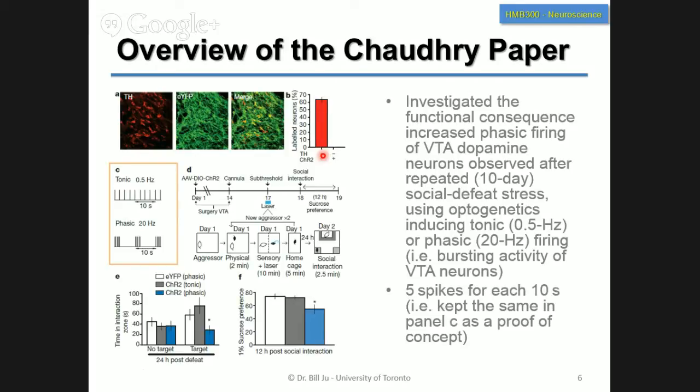Again, it's really in the Th positive neurons that he sees channel rhodopsin. Wherever you see overlap, about 60%, not quite as high as the original paper I showed you, somewhere between 60 and 70% of the Th positive neurons were also expressing this construct that he was able to put in.